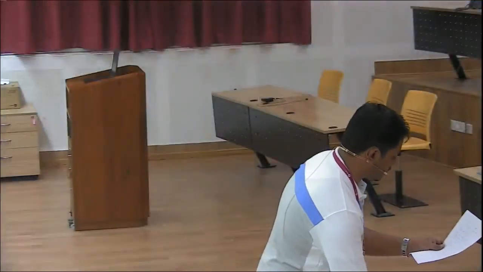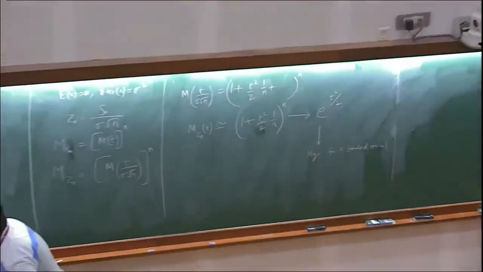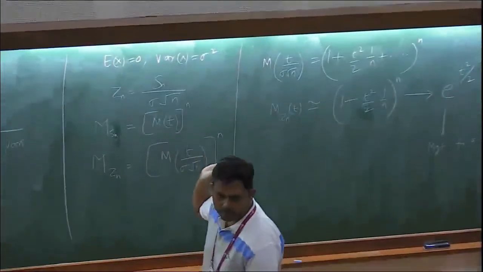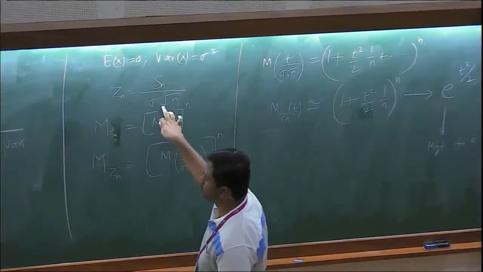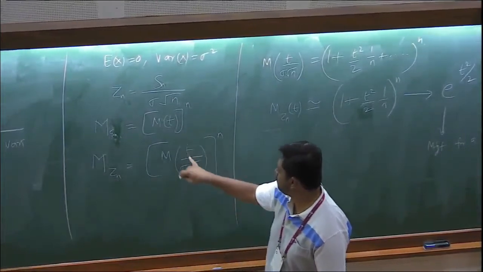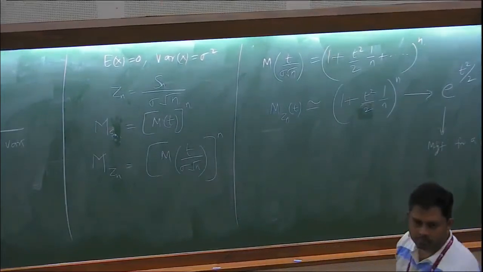I'm also probably lost since this is not my notation, so let me go slow. I call m the moment generating function for each of the variables. And so for Sn, the moment generating function is just m of t raised to the power of n. I defined a scaled variable Zn with sigma root n, and this is just t replaced by that, whole to the power of n.